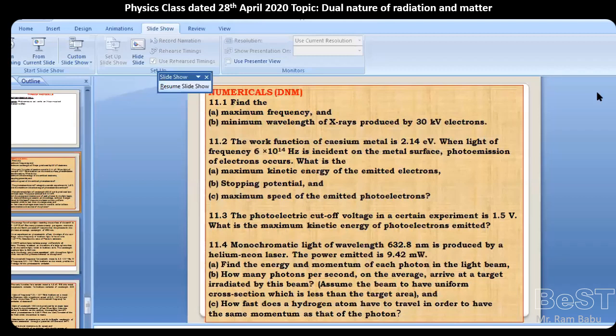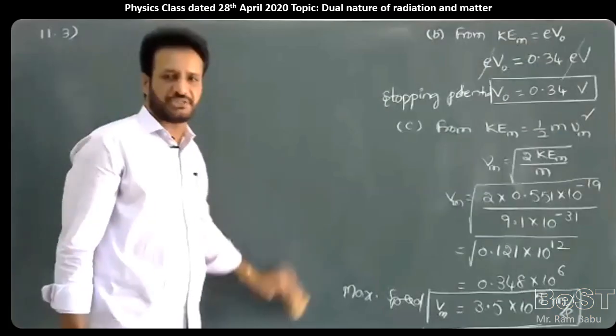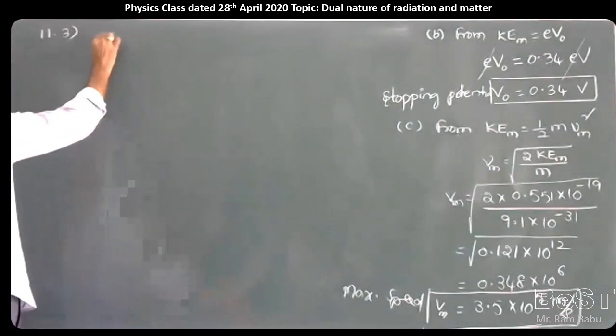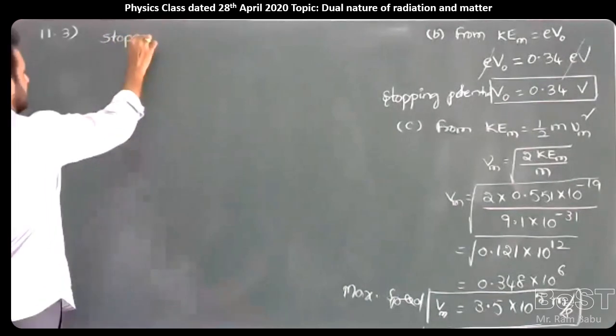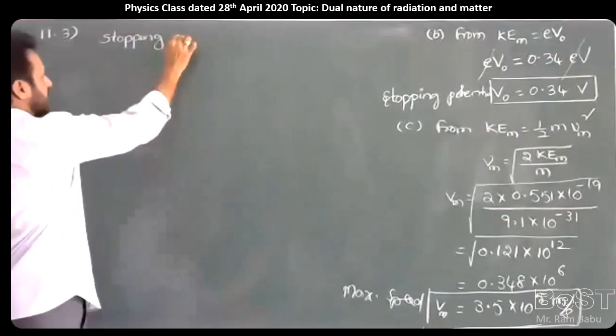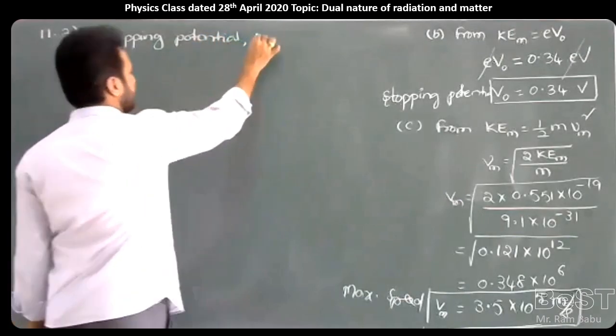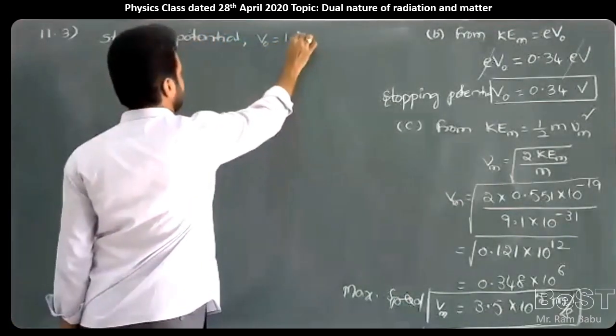It is one simple question, only for 2 marks, I think. Check 11.3. The stopping potential is given. The stopping potential V naught is equal to 1.5 volt.